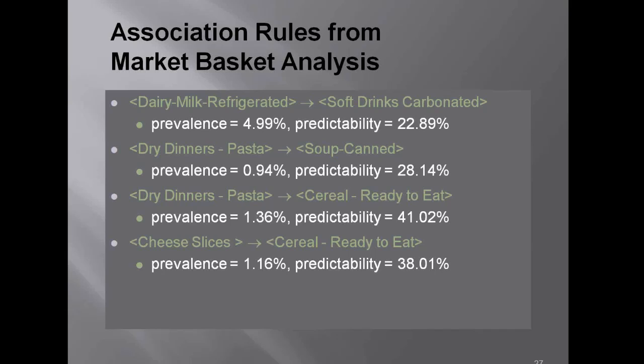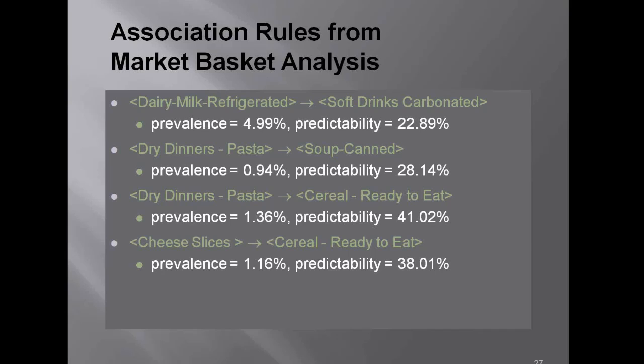Now the prevalence of refrigerated dairy milk as it relates to carbonated soft drinks is, let's say, 4.99%, just for example's sake. And then we'll say that the predictability, if we know left-hand side, if we know dairy milk refrigerated, we can predict that we'll also have soft drinks carbonated, let's say 22.89%.